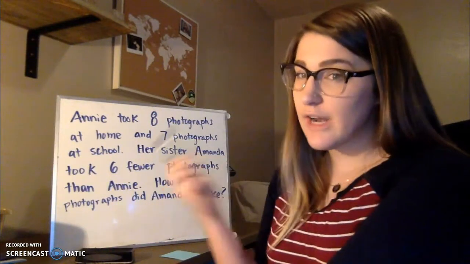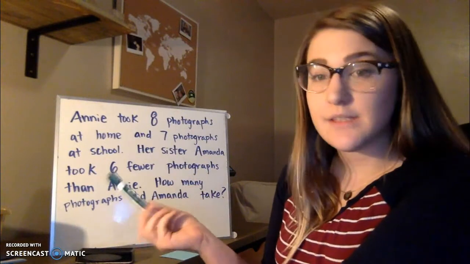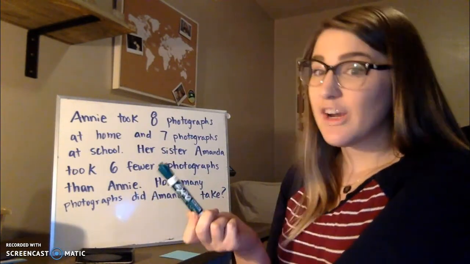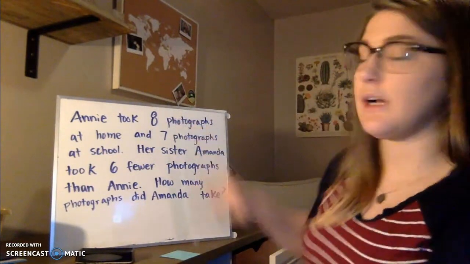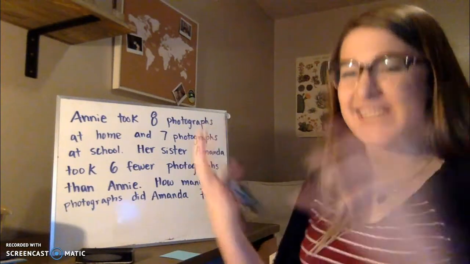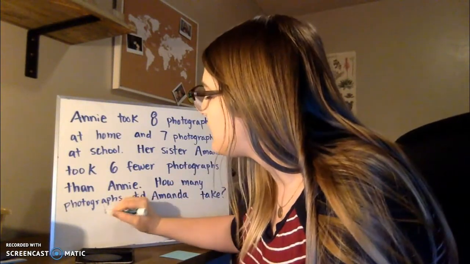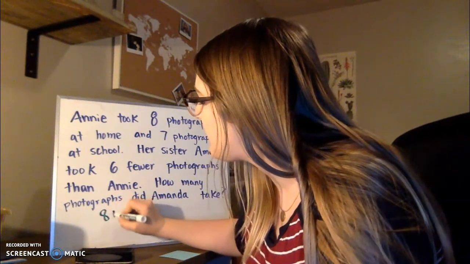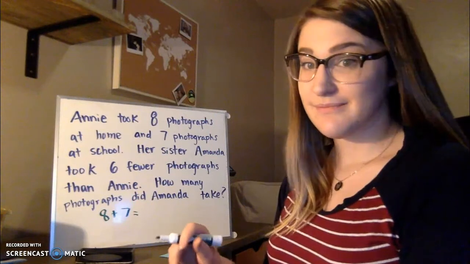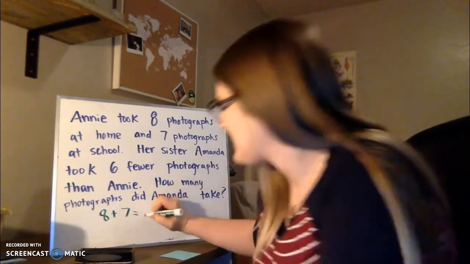So if we're trying to figure out how many photos Annie took, are we going to add, subtract, multiply, or divide? We're going to add because we're combining the photographs she took at home and at school to get a total number of photographs that she took. So we're going to do 8 plus 7. And what does that give us? 8 plus 7 is 15.